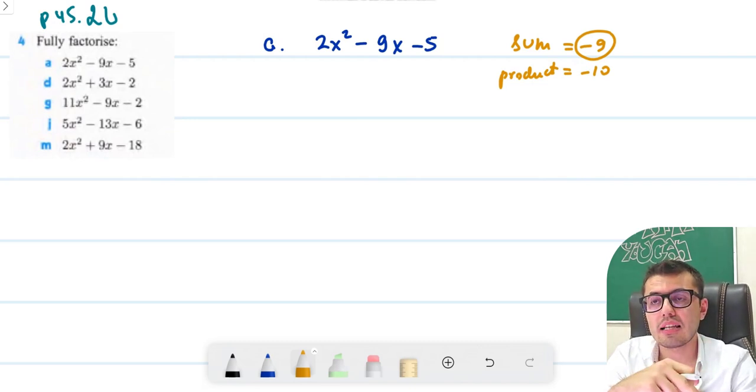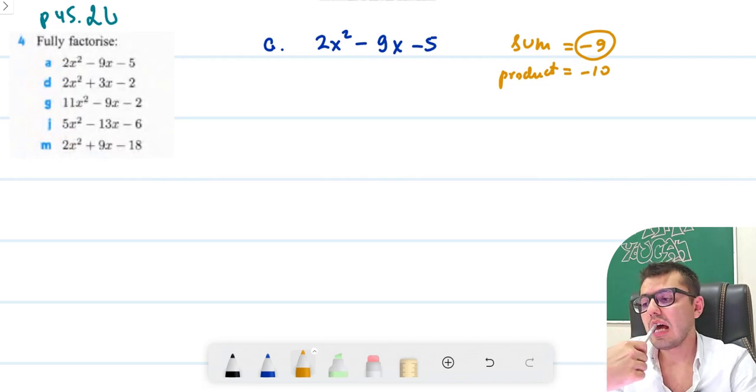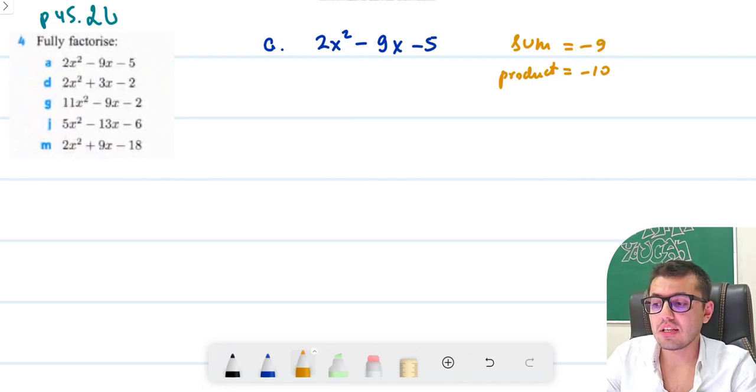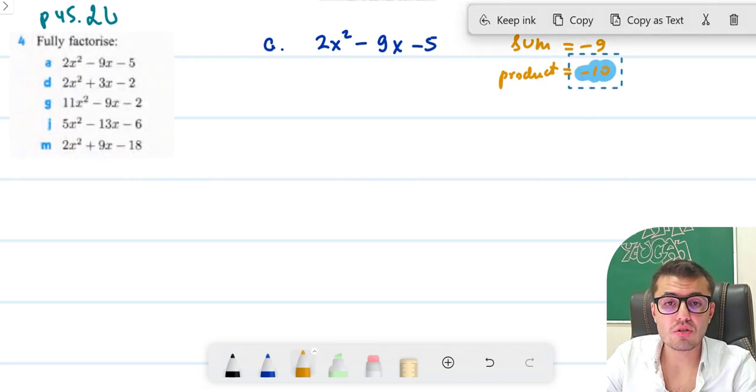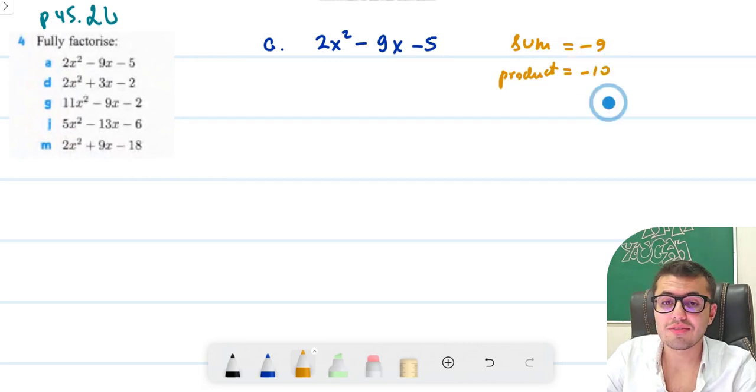By the way, for the product, -10 and 1, that was better. So there are many ways to sum two numbers to get -9, but really not that many combinations that will give you -10 as a product.